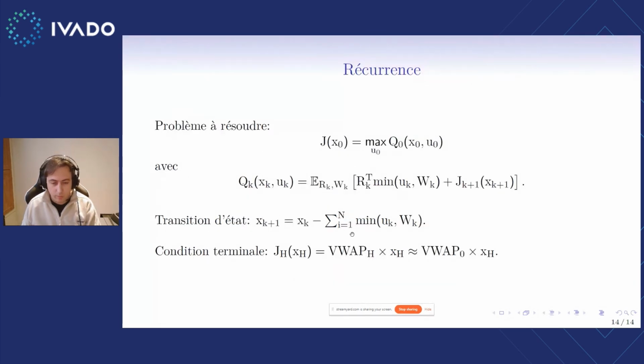So very briefly, this slide is a typical recursive equation from dynamic programming. So basically, you try to have the best profit at the time being, and you want to take advantage of the future. So you want to add the expectation of what will happen during the next steps.